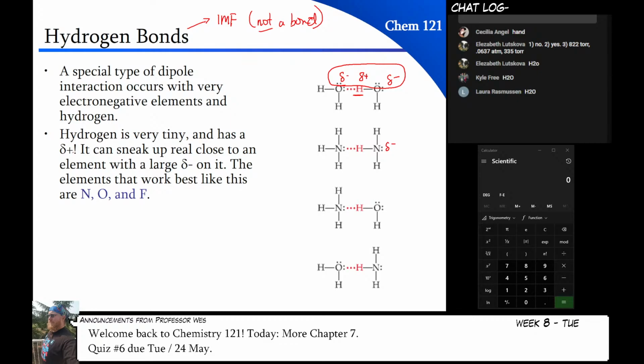So you need to have a hydrogen. That's the first step in making a hydrogen bond interaction. Then you need to involve it between two atoms that are of these three: nitrogen, oxygen, and fluorine.